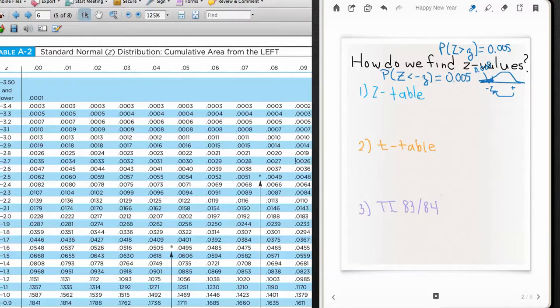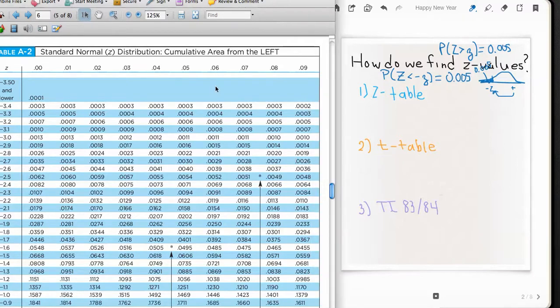Now, no matter if you're using a z-table or your calculator, all of these things are using this idea that there is area in the left tail. So if I want to do this in my z-table, I'm going to go to my z-table, and I've got one brought up right here. And in the body of the table, which shows you probabilities, and that is what we're looking at, area under the curve is a probability, we're going to find 0.005, or as close as we can possibly get to 0.005.